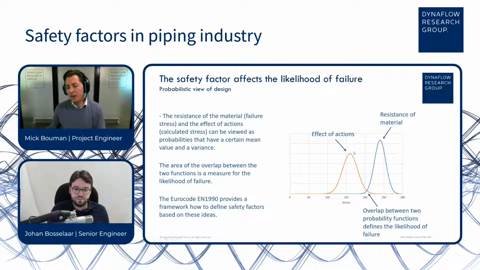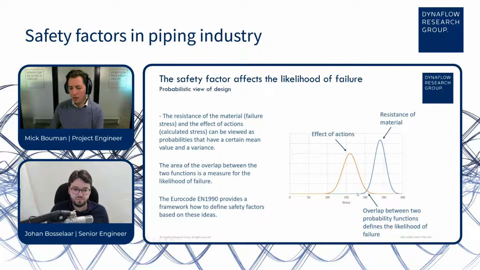That is more or less what it is. Your calculated effect, so your calculated stress, is the mean, so to say, but there are all kinds of variations around that which you don't know specifically, and that can be the input parameters to your calculation. Then there's the resistance, which is an average value, and there can be all kinds of variations around that. When the resistance is lower than the effect of the actions, then you have a failure.